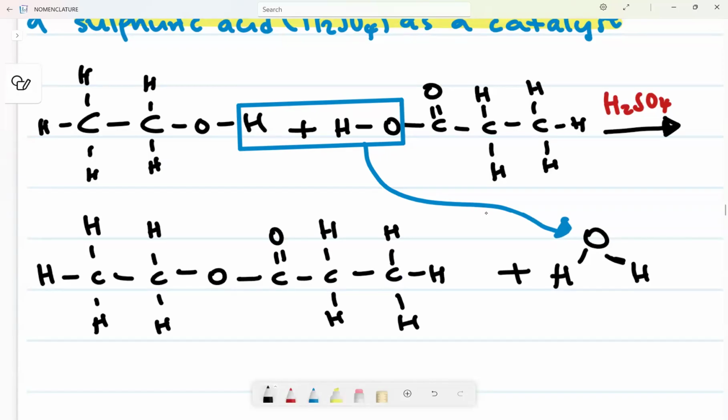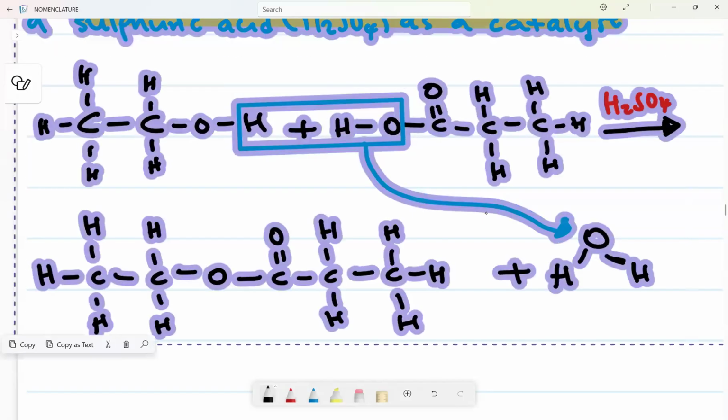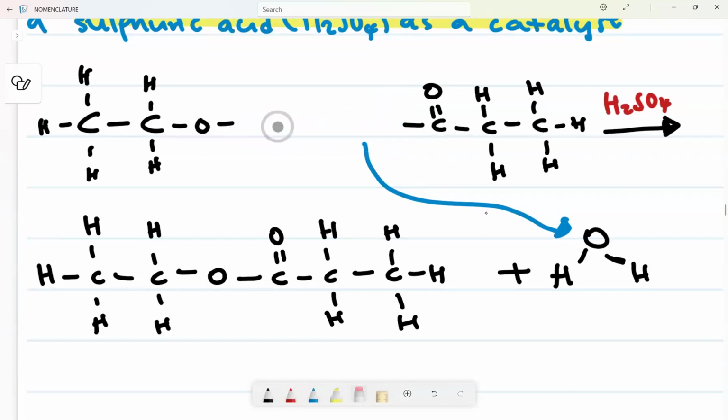Can you see? I just took this one out and formed water, and the rest I just joined. If I remove this, can you see? It's like I'm just joining these two.